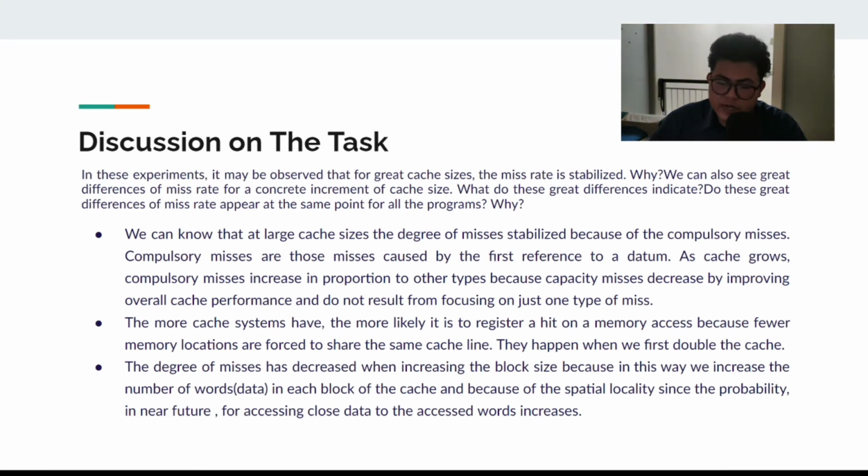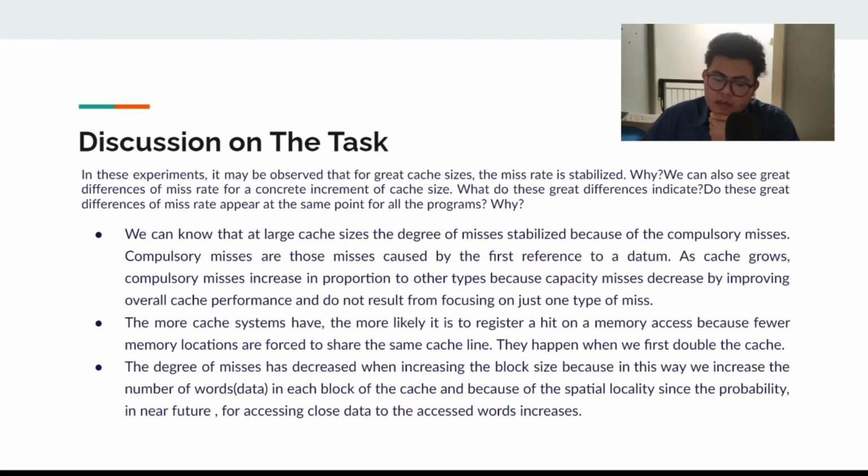In this experiment, we may observe that at large cache sizes the miss rate is stabilized. Why? We can also see a great difference in miss rate at the initial increments of cache size. What does this indicate? The miss rate appears to reach the same point for all programs. Why?